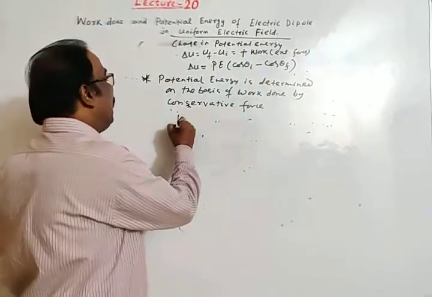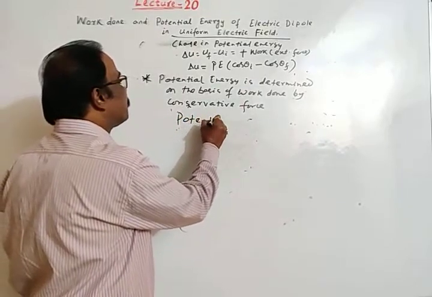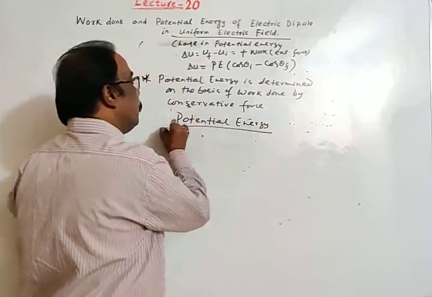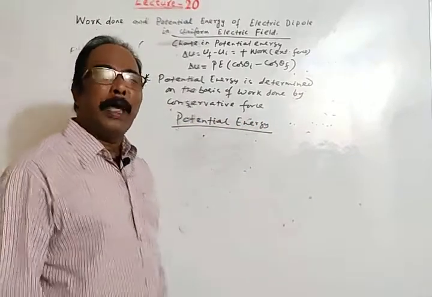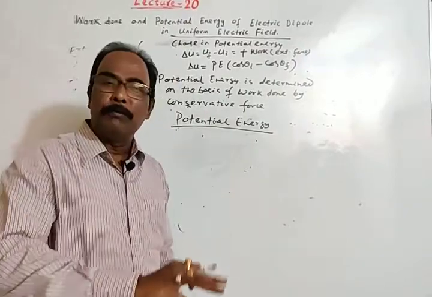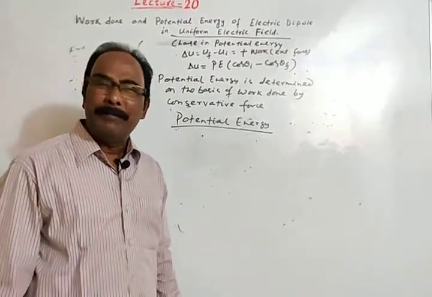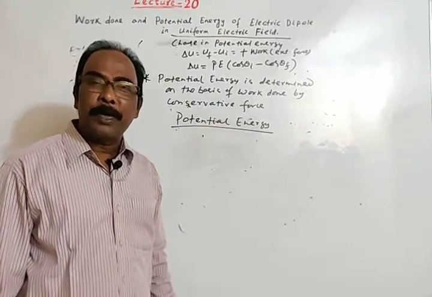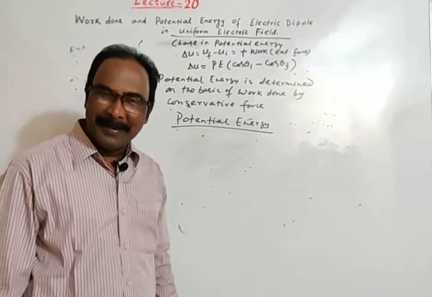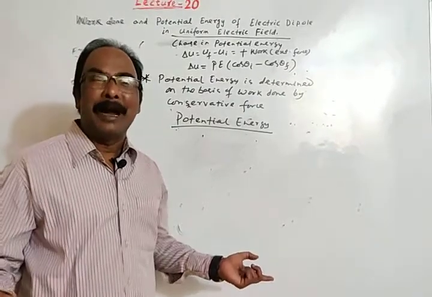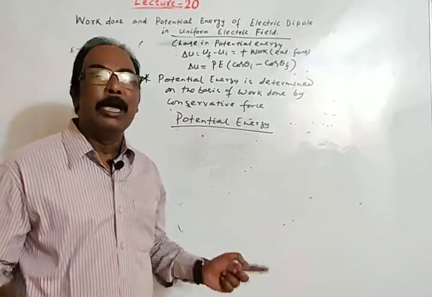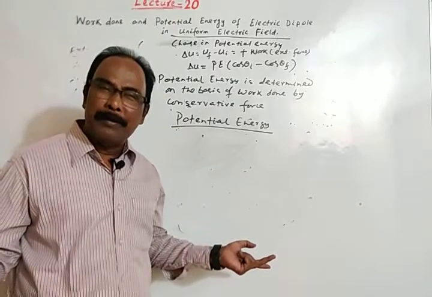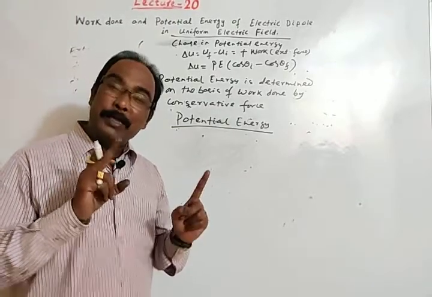But if we have to find potential energy, we have to take a reference point where potential energy is 0. Just you recall conservative forces, gravitational force and electrostatic force are conservative force. Okay. So work done under gravitational force or electrostatic force independent of path. But if you consider frictional force, then work depends upon path.